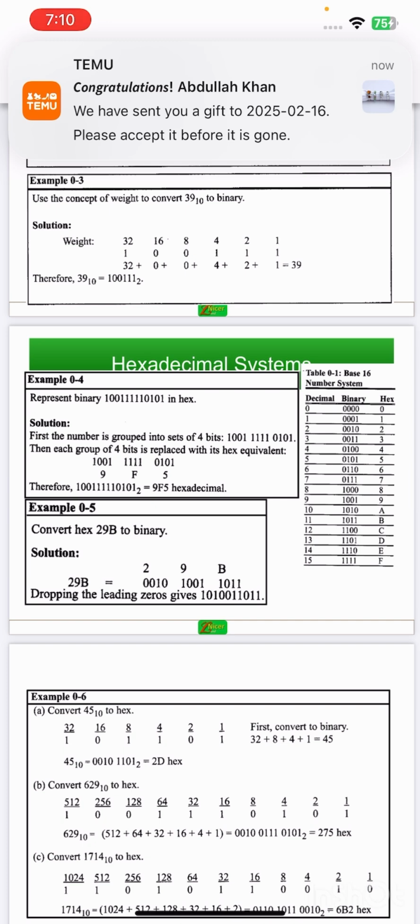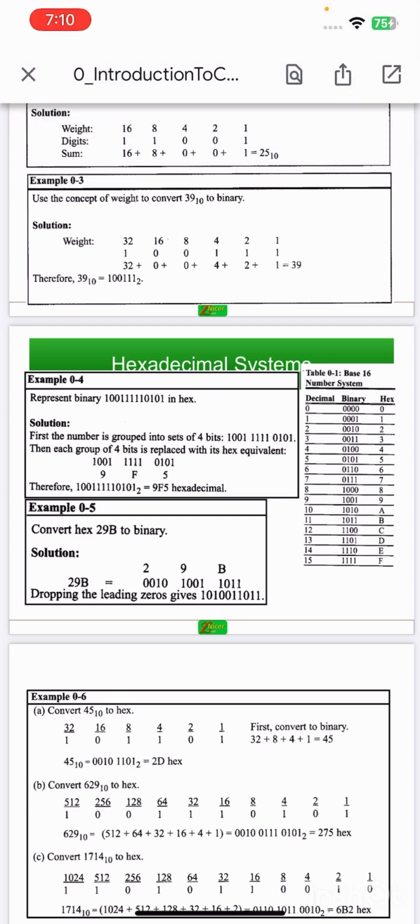This is the hexadecimal system, a proper algorithm of the number systems that include decimal, binary, and hexadecimal.